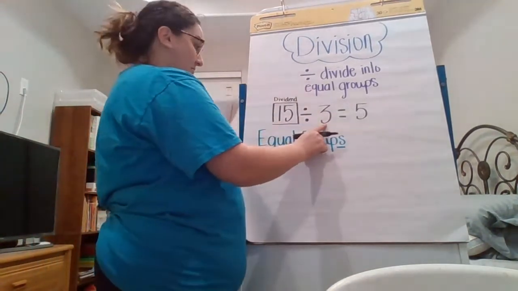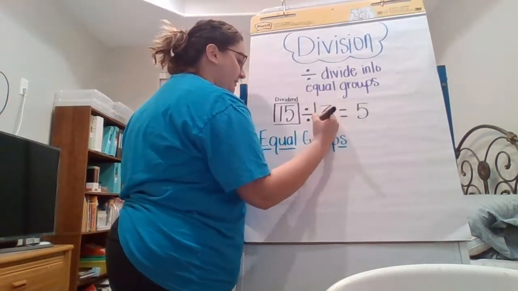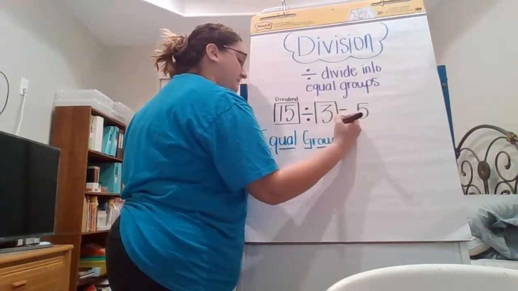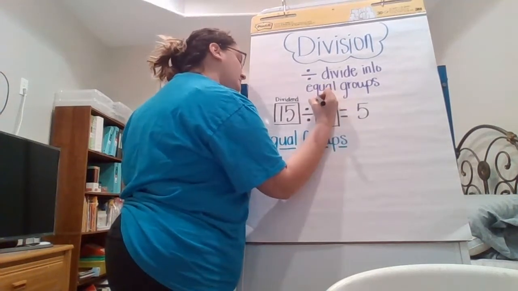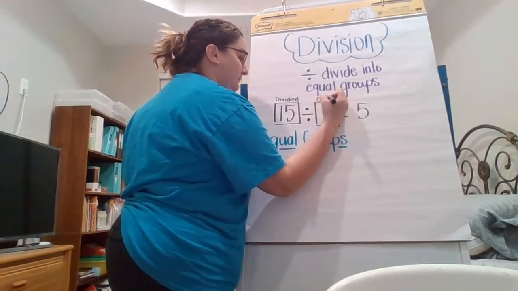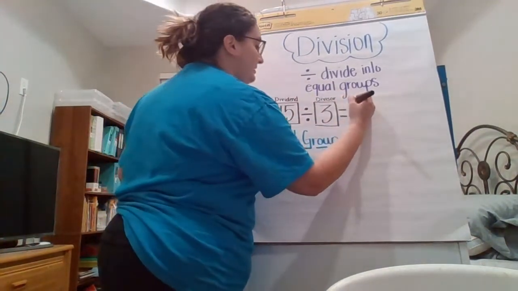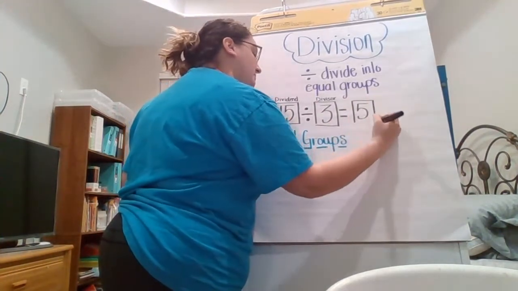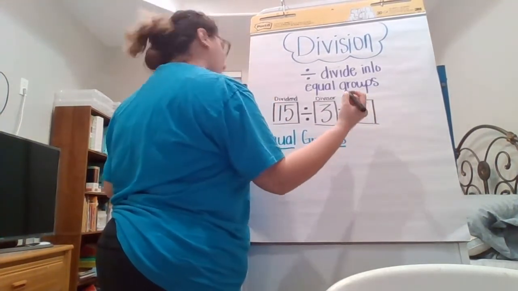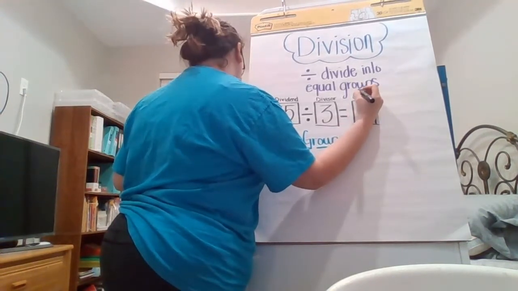The second number is called our divisor. And then the number that we equal to is called our quotient. Say that with me, quotient.